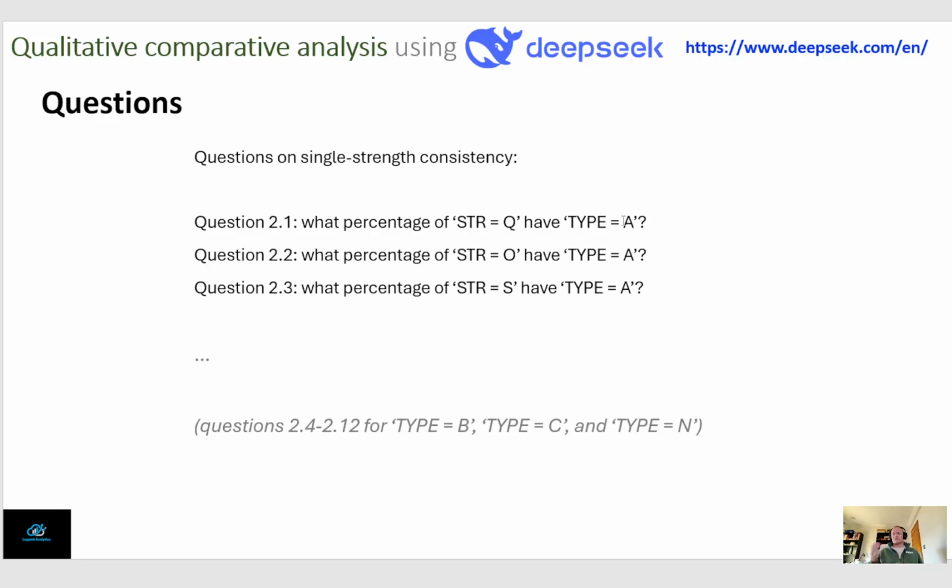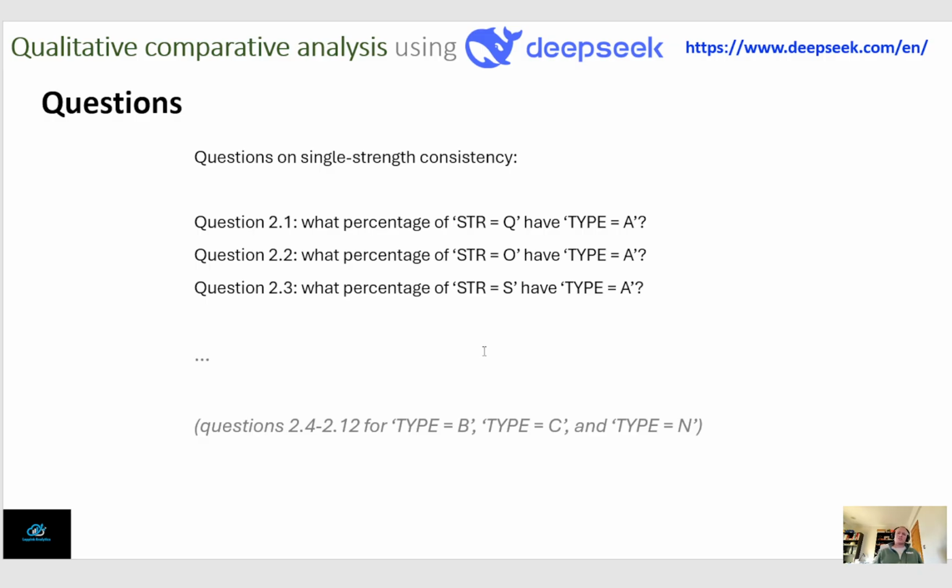So the consistency varies between 0 and 100, because if no sales reps that have questioning as strength sell type A, then the answer to question 2.1, that consistency, would be 0. So we ask the same for opening and for summarizing as strength. For type A, these are questions 2.1 to 2.3, and as noted below here, questions 2.4 to 2.12 are 3 sets of questions, as you see here for type A, but then for type B, type C, and type N.